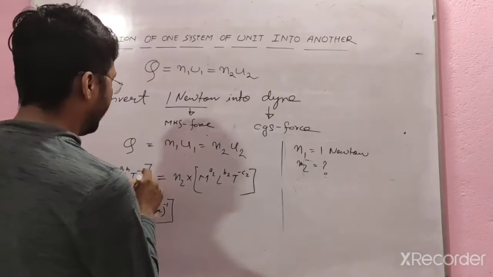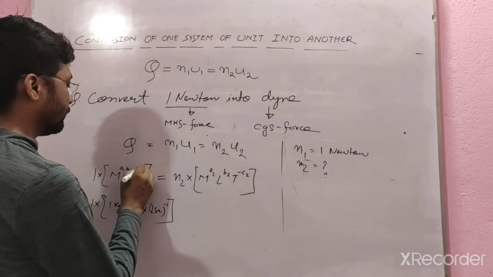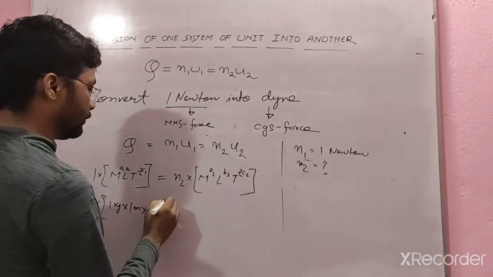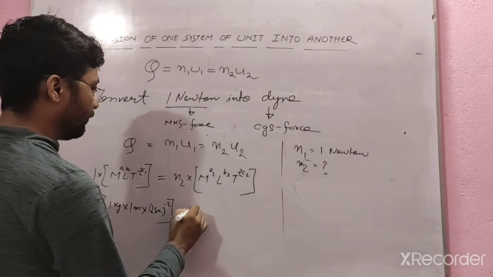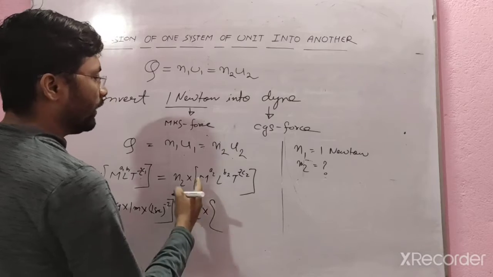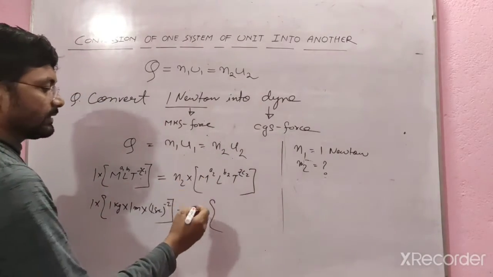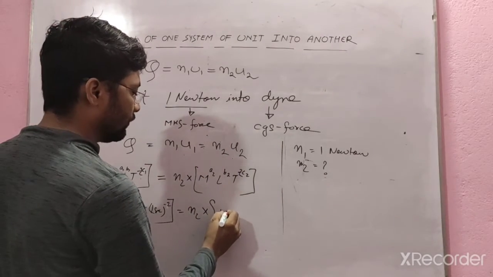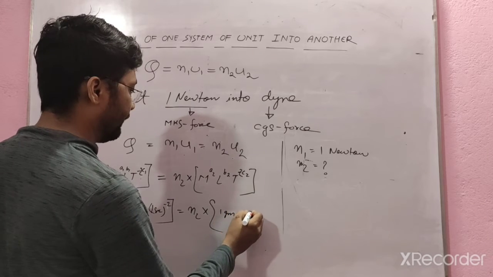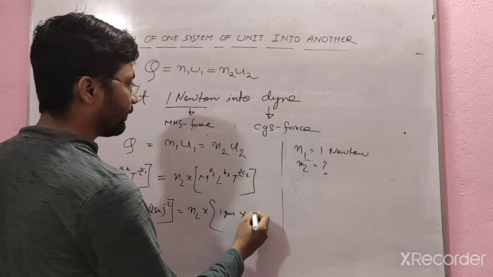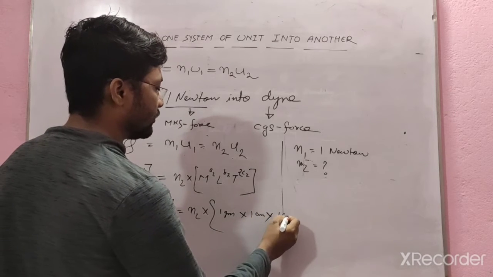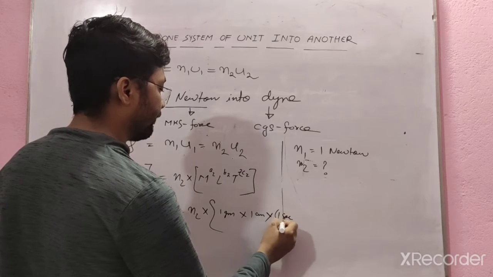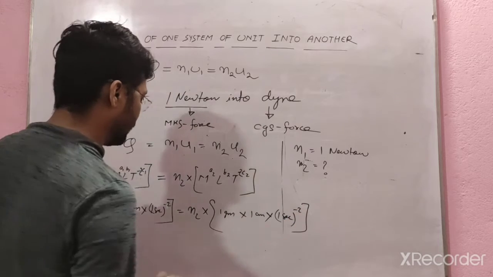Sorry, M L T minus 2. Equals N2 into, in the CGS unit, mass is in gram. This is 1 gram multiplied by length in centimeter and time in second, M L T minus 2.